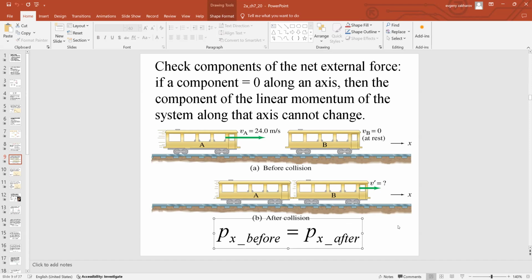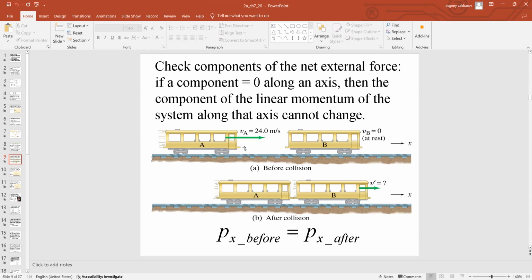Do not say P as a vector, because for P as a vector, you have to consider y-axis, z-axis, all other axes, and there is gravity acting. So do not ruin your statement for conservation of momentum here.